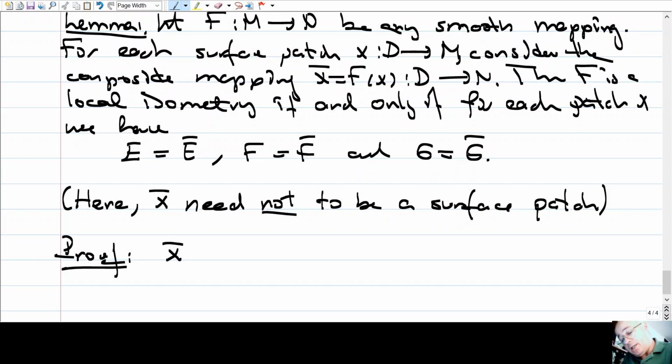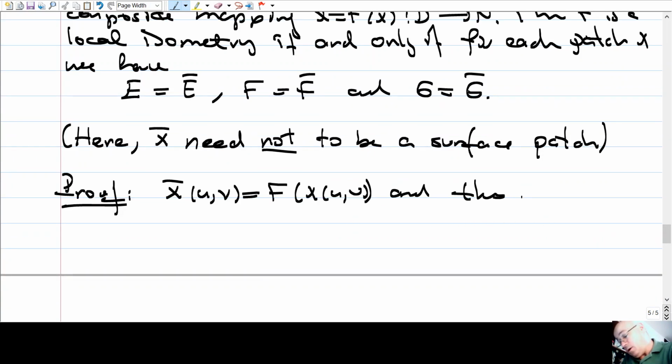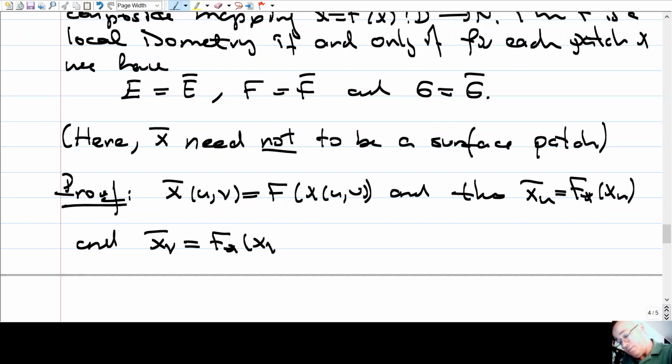All right, now x bar of u, v is just f of x of u, v, and thus x bar u is just f star x u, and x bar v is just f star x v by the chain rule.